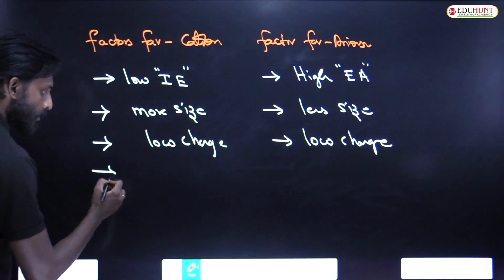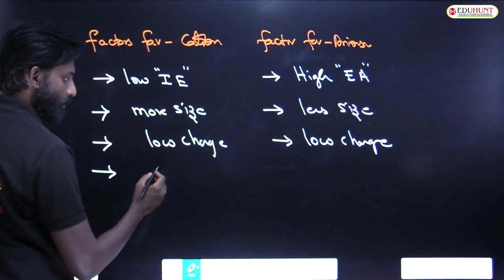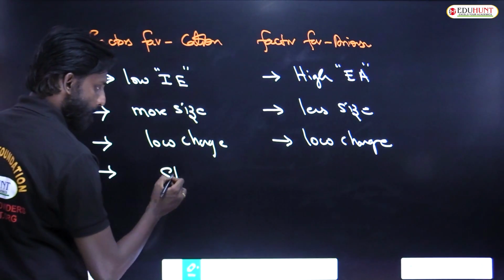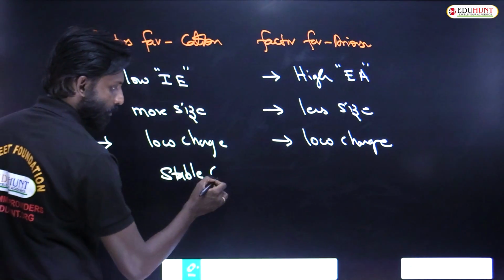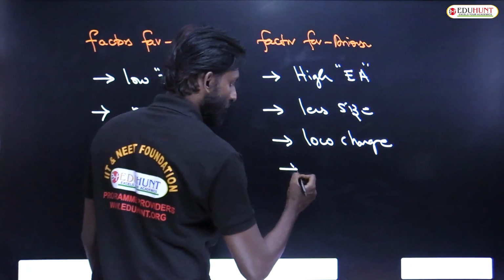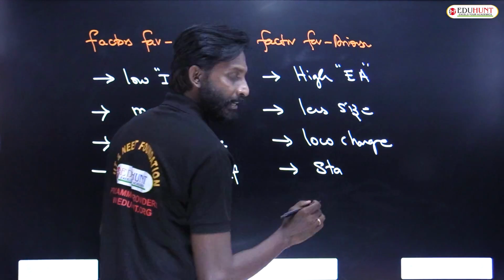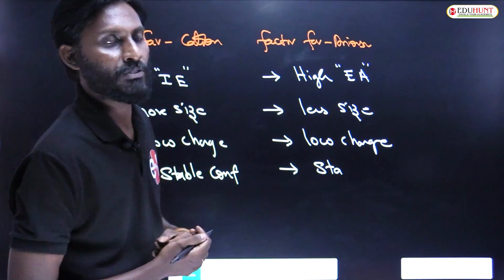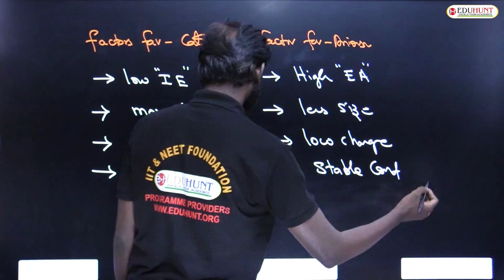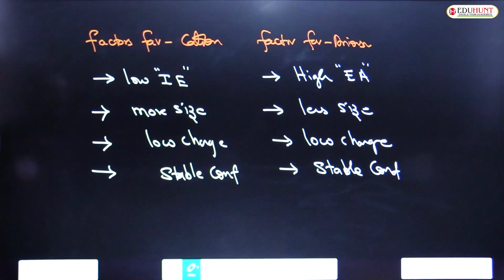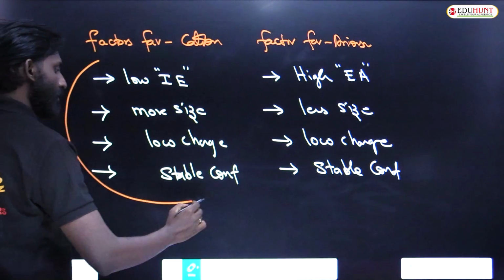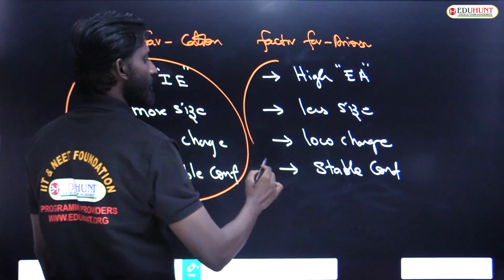In the case of cation, stable configuration favors, and here also getting stable configuration is favorable for the formation of anion.